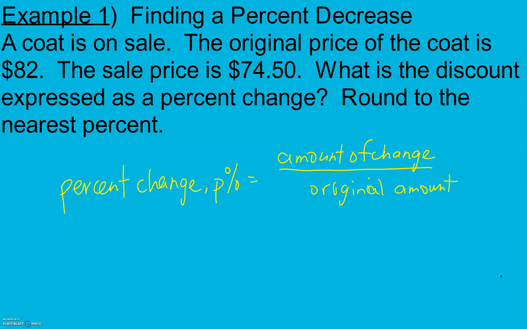And remember, because I started at 82 and went down to 74.50, my amount of change here is going to be a decrease. So to find my amount of change, I'm going to take bigger minus smaller, divide by my original, and the original price here is the 82.